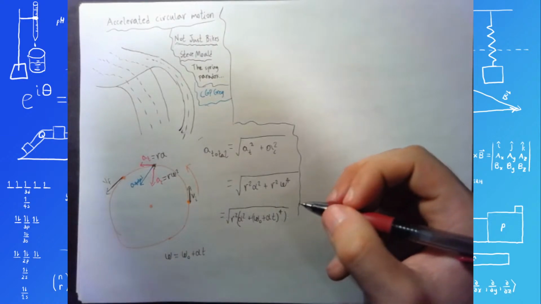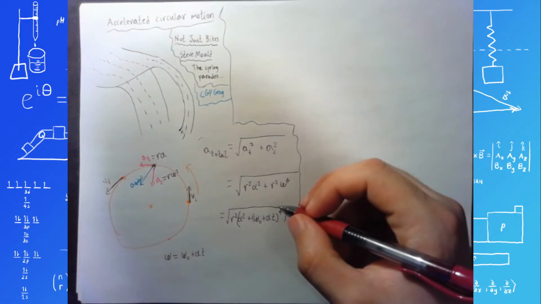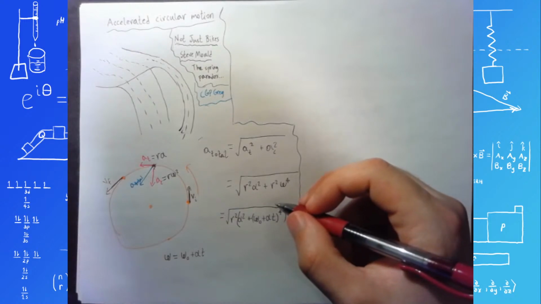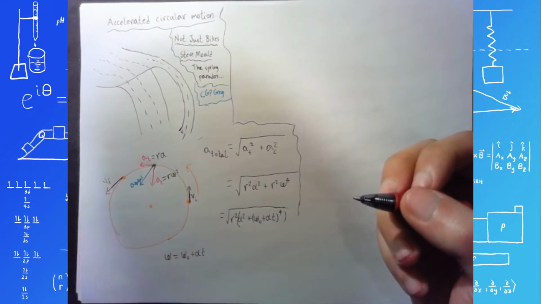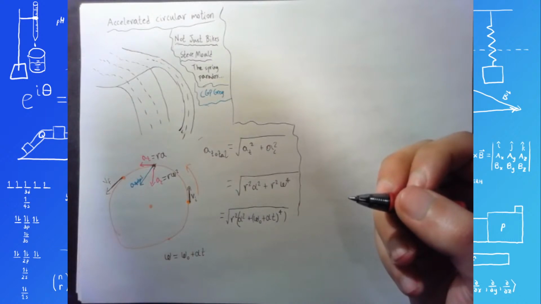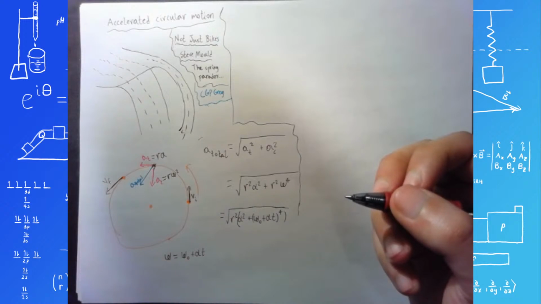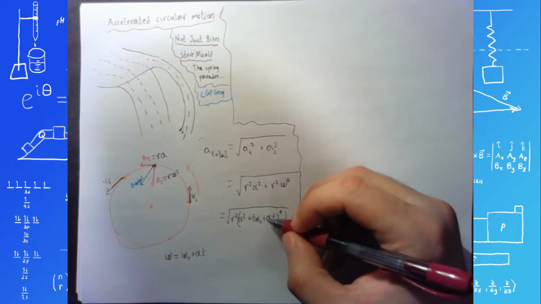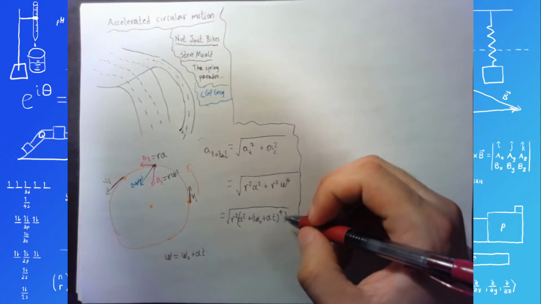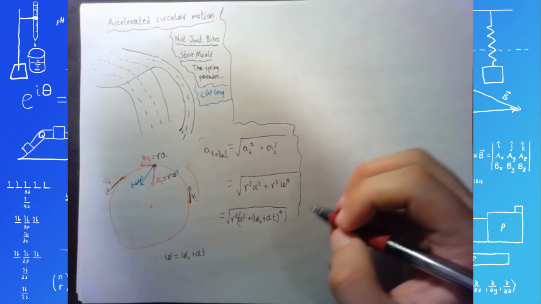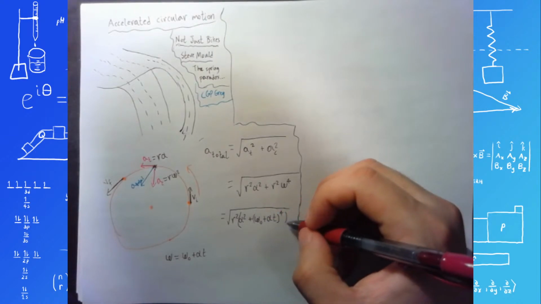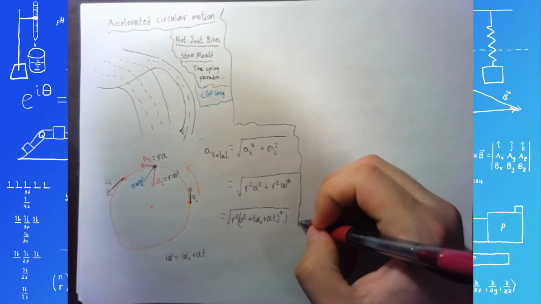I don't want to FOIL this. Maybe it would be more fun to FOIL if omega 0 was equal to 0. I feel like this could potentially turn into something neat that we could simplify, but I can't see that immediately without taking the time to just sit down and slowly expand it.